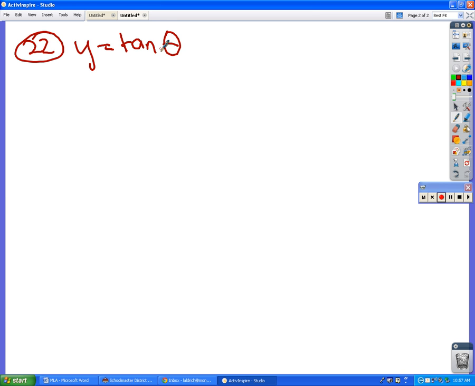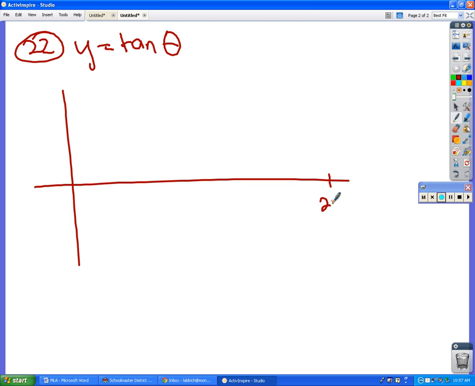Okay, 22 starts out with your basic tangent function graph. And we're going from 0 to 2 pi. So I'm going to make some things here. This one you should know.